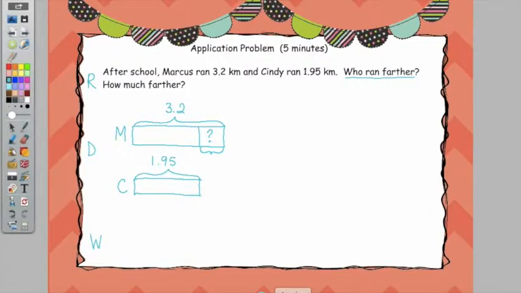Okay, so let's see what that looks like on paper. So 3.2, right? Write your decimals first, remember that strategy when adding and subtracting. And then 1.95. Fill in with a 0. Now you do the rest. Your numbers aren't lined up quite nice and neat enough for me.